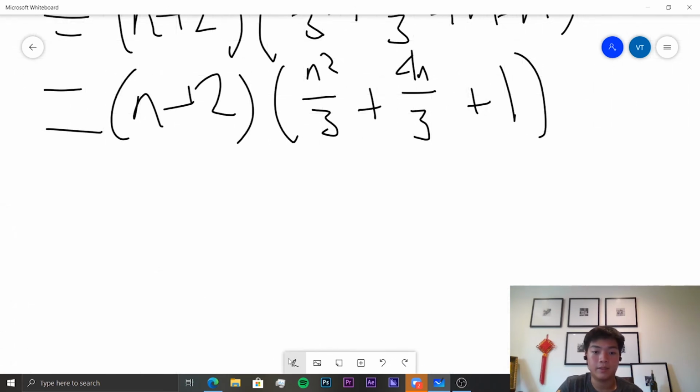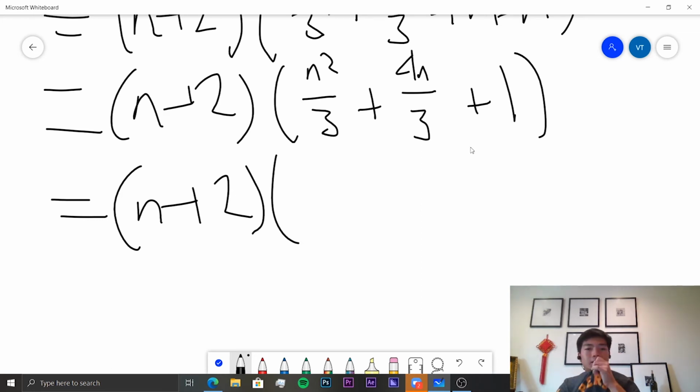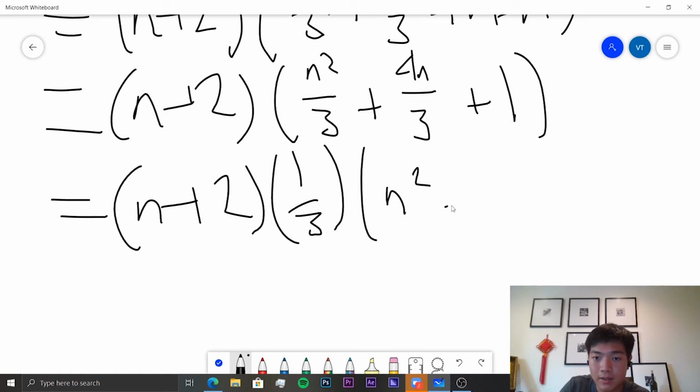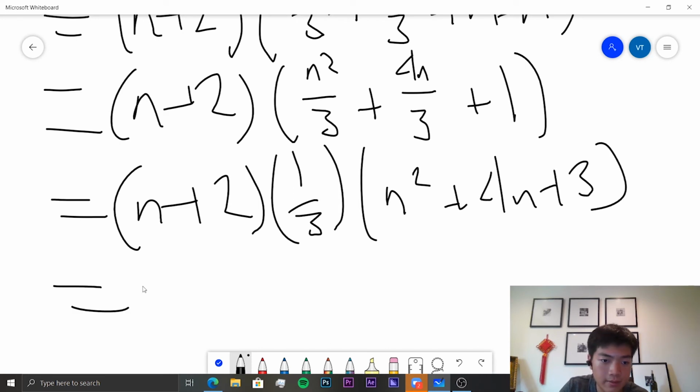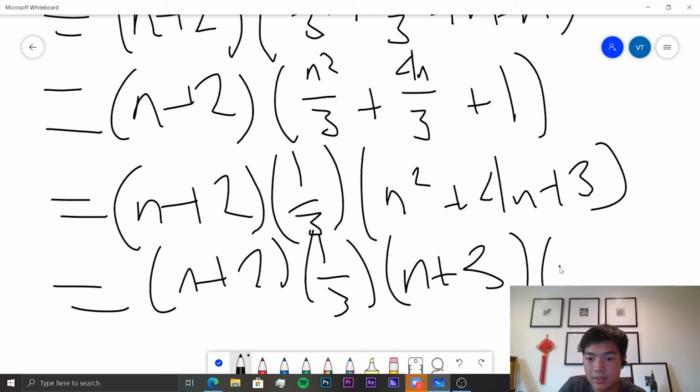And of course, this should be equal to n plus 2. What does this simplify into? Let's say 1/3 first, so we can get rid of that. So this is n squared plus 4n plus 3. And of course, that is equal to n plus 3 times n plus 1.